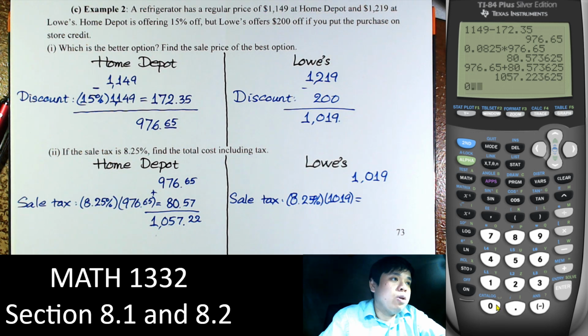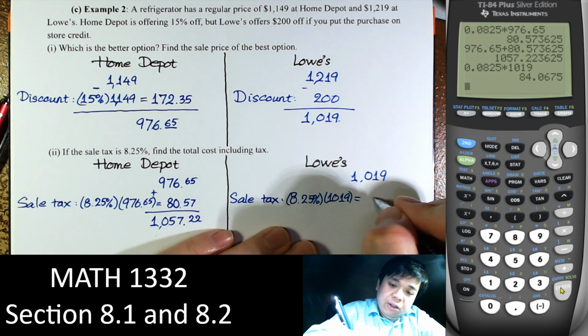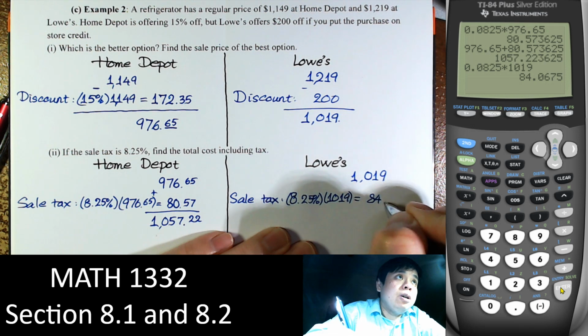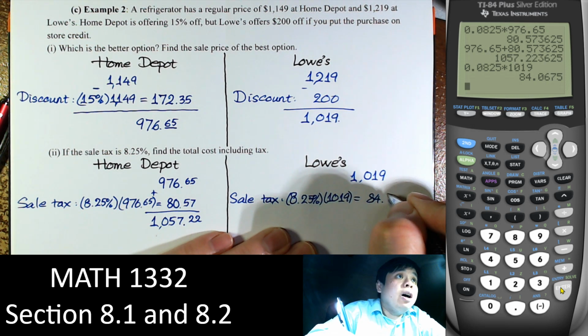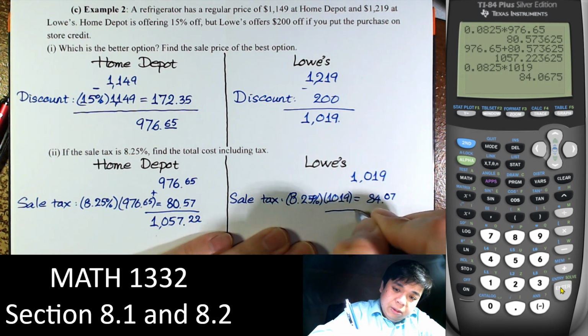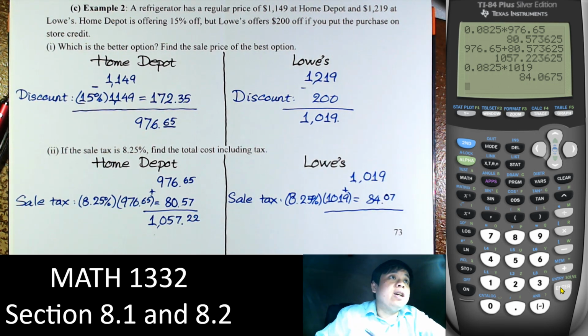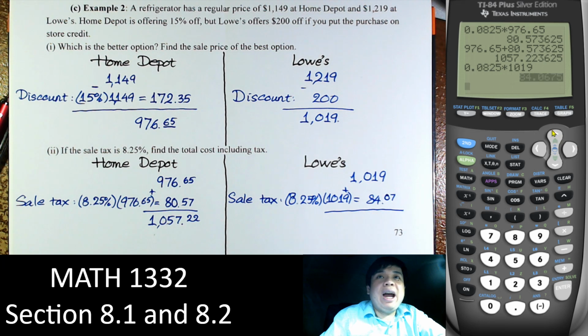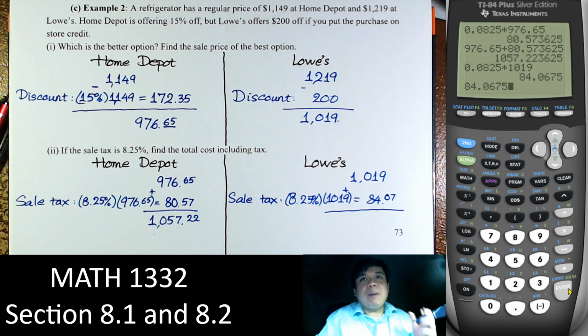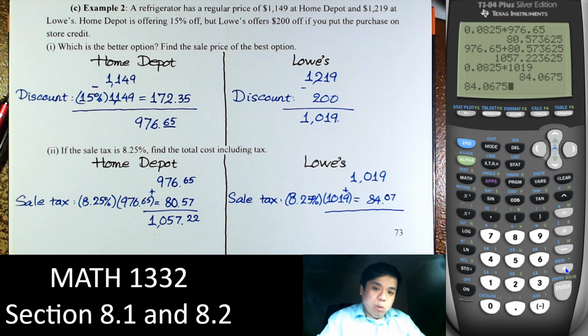So 0.0825 times 1019, and that is 84.07, right? Plus the sales tax. When we add, I just take the whole number with all the decimal places, then we plus the original sale price of 1019.